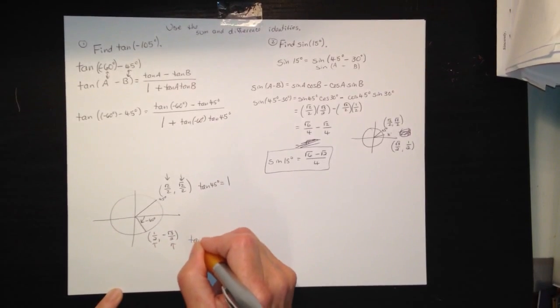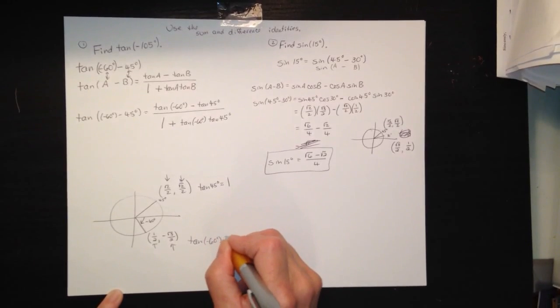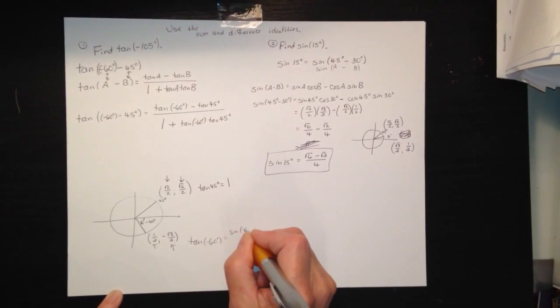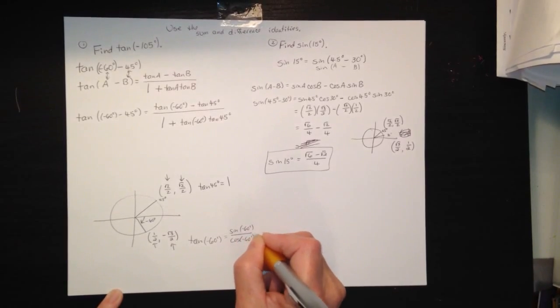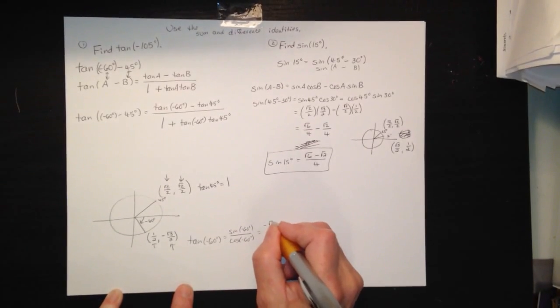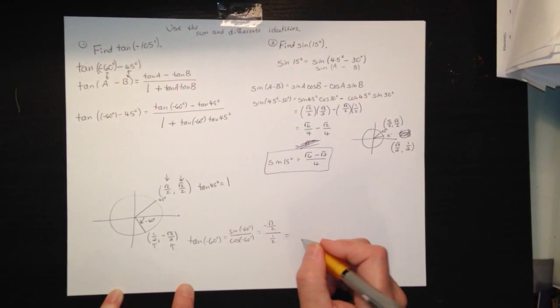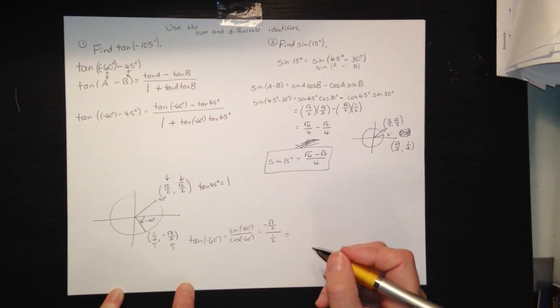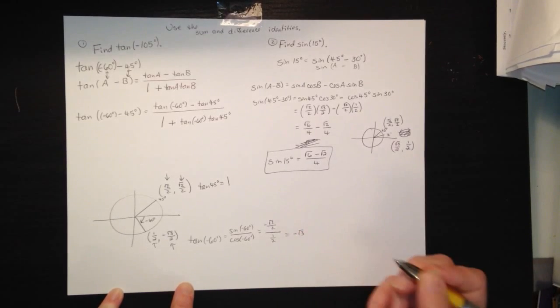So the tangent of negative 60 degrees is equal to the sine over the cosine, which is going to be negative square root of 3 over 2 over 1/2. You can keep, change, flip, or you could multiply the numerator and denominator by 2, and you're going to get a negative square root of 3 as that value.